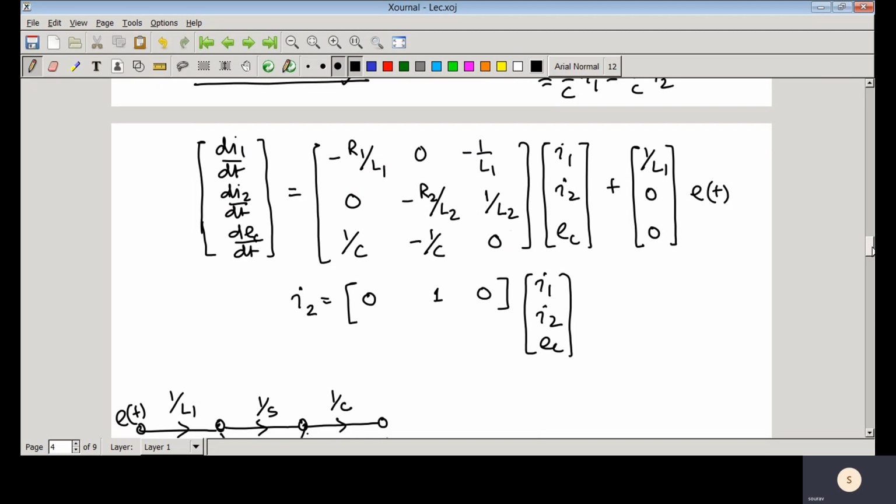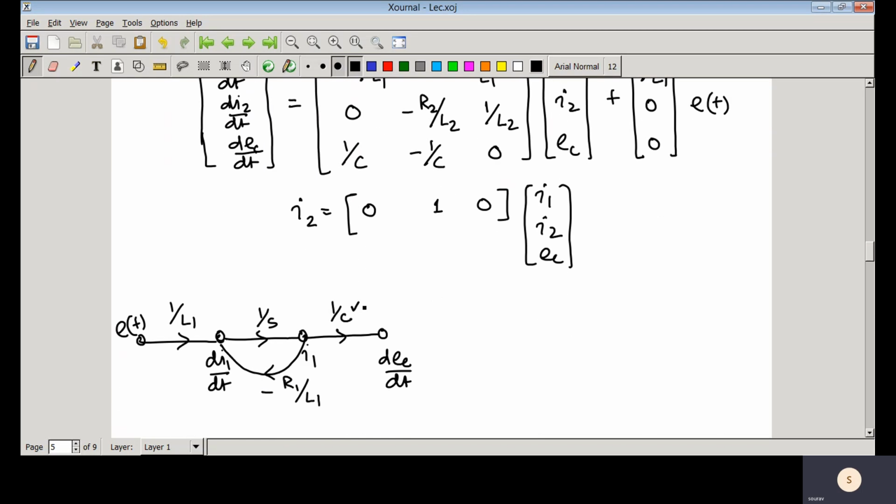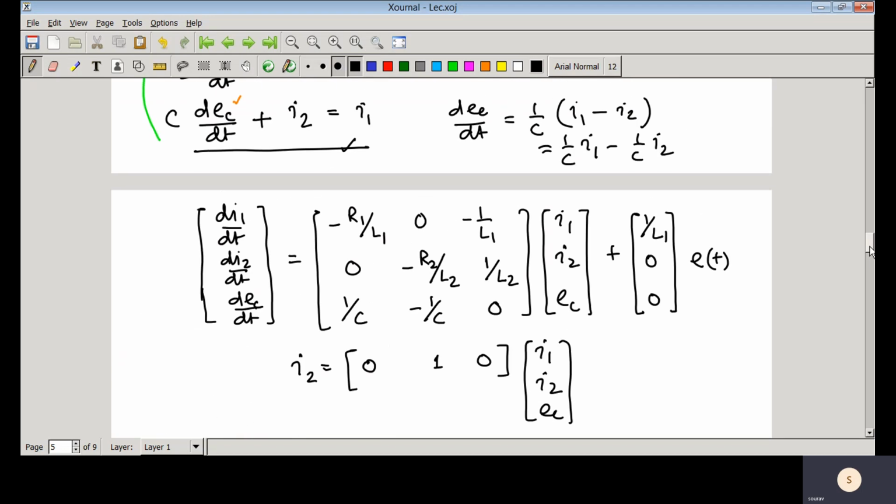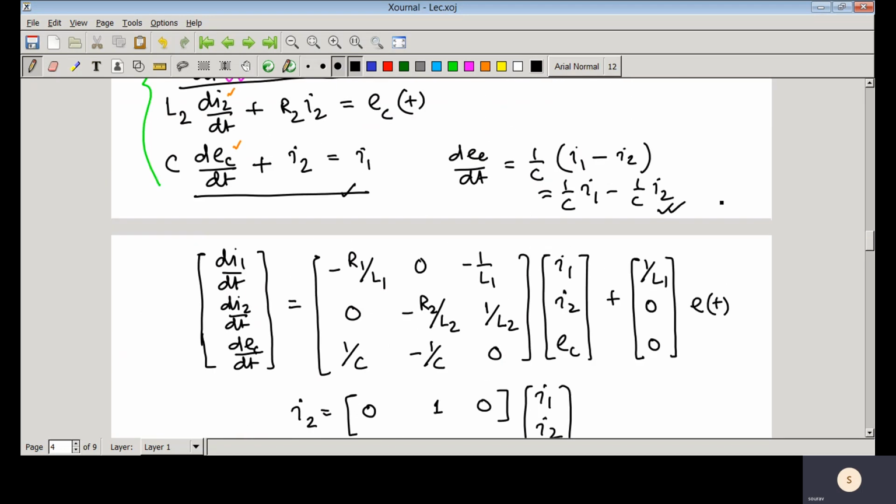So now if you multiply with this 1 by C, then at this point we get 1 by C into I1. Then here we need to take one branch that gives you minus 1 by C I2.